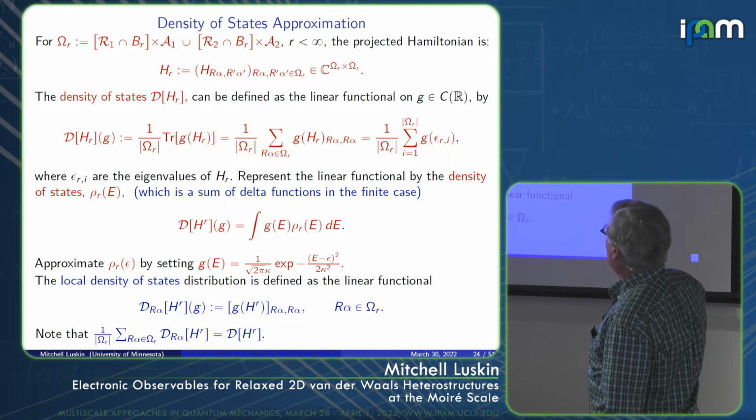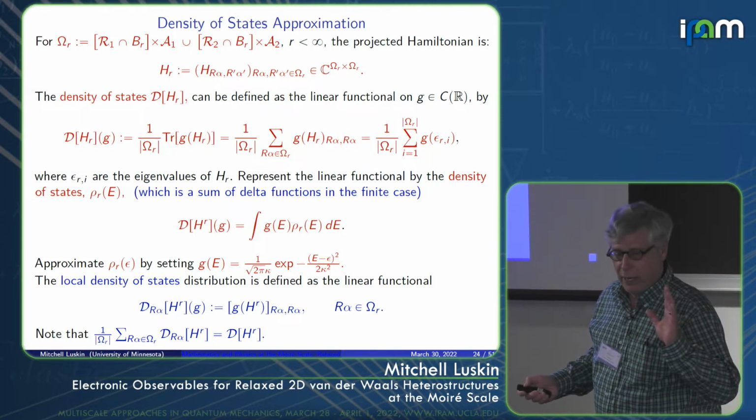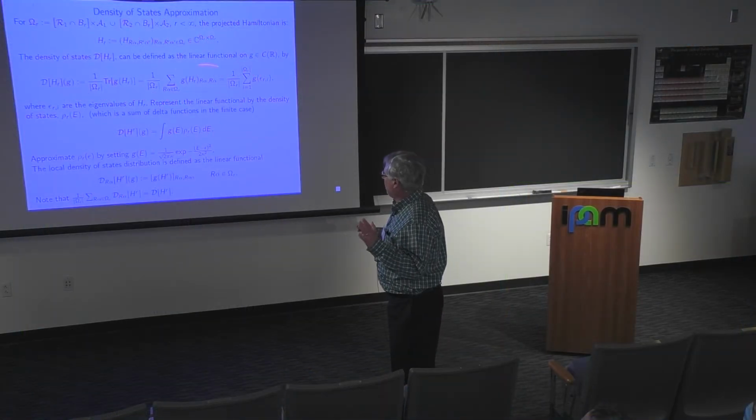You essentially take the trace of g of h, where g is a Gaussian centered at the energy you're interested in. You take the trace, normalize, et cetera. And so you could define an approximate density of states through this duality. Then you could define the local density of states just by taking these diagonal elements.